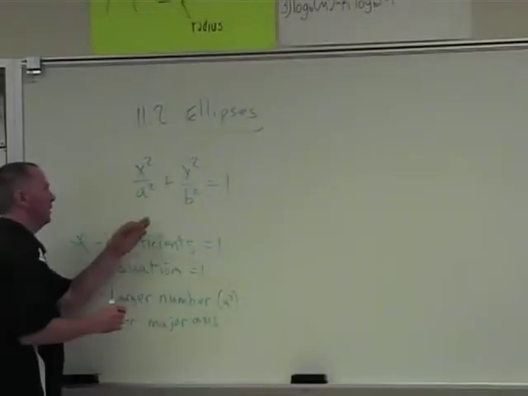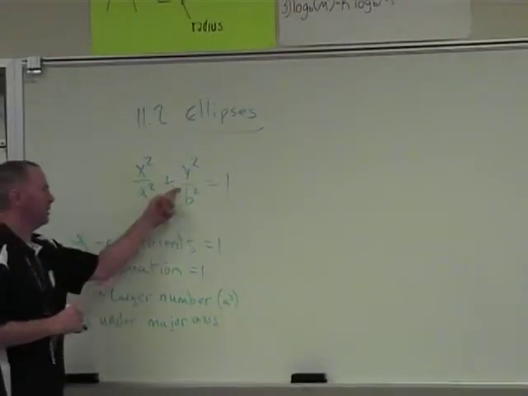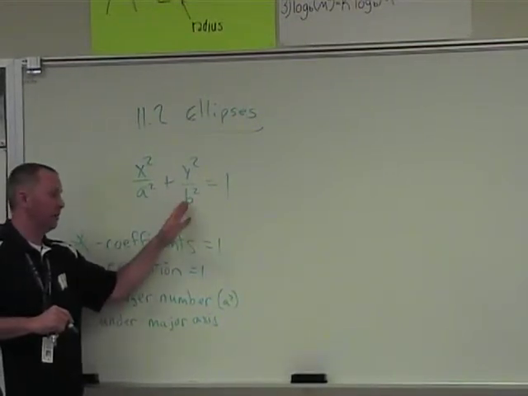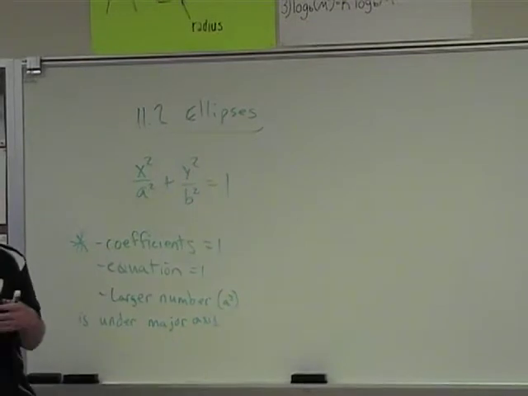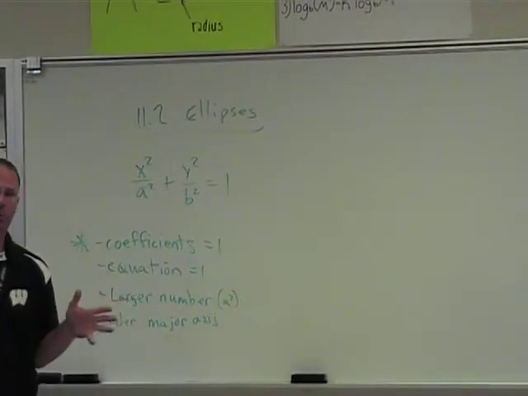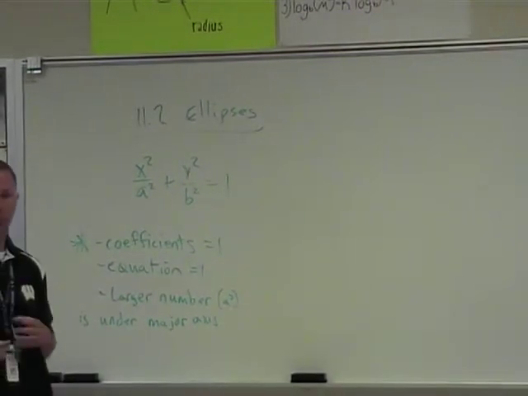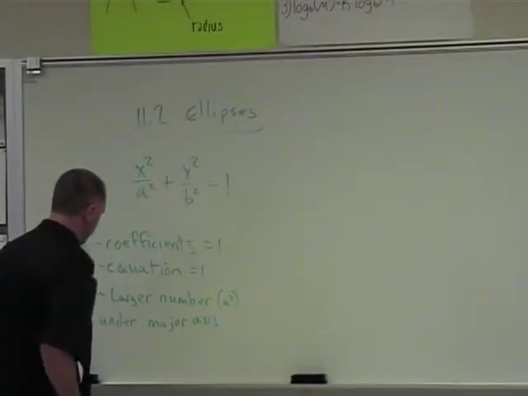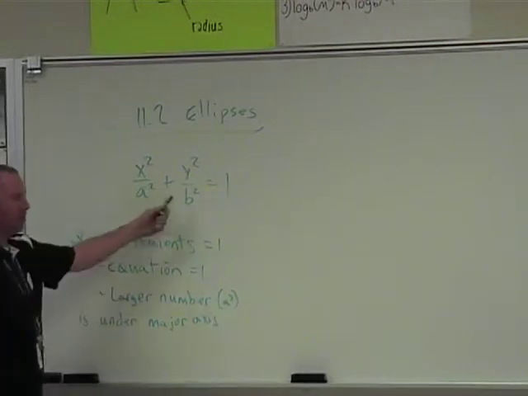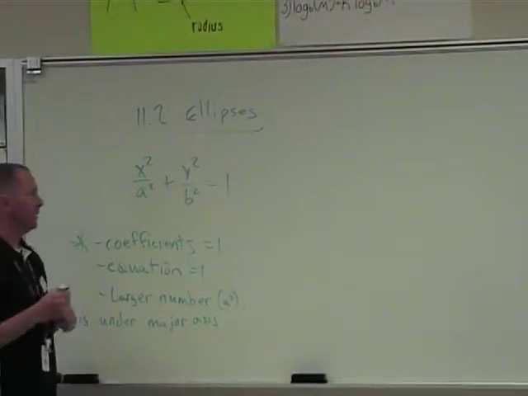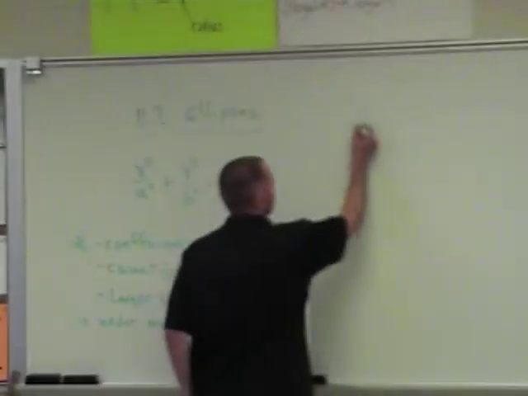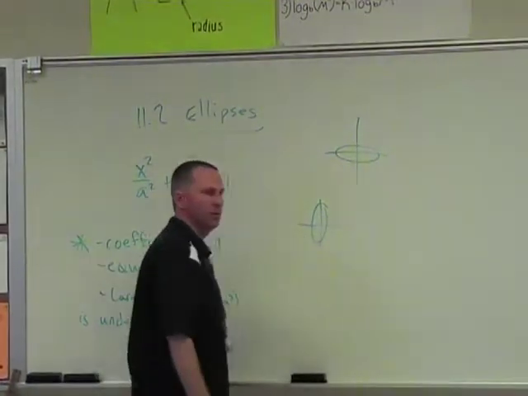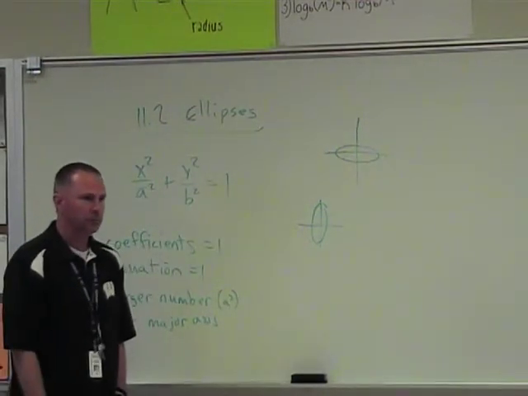If the larger number was under this y squared, this would be a squared and that would be b squared, and then our major axis would be on the y-axis. Today we're doing ellipses with centers at the origin, just like the parabolas, where the vertex was at the origin. So the larger number tells you whether this is going to be an ellipse that looks like this or like this, horizontal or vertical.